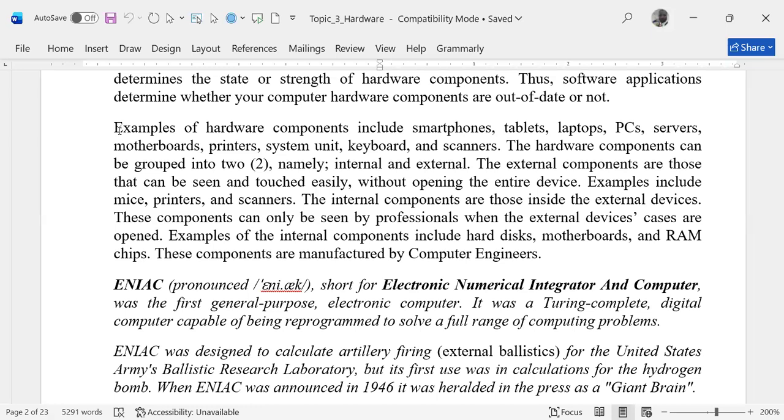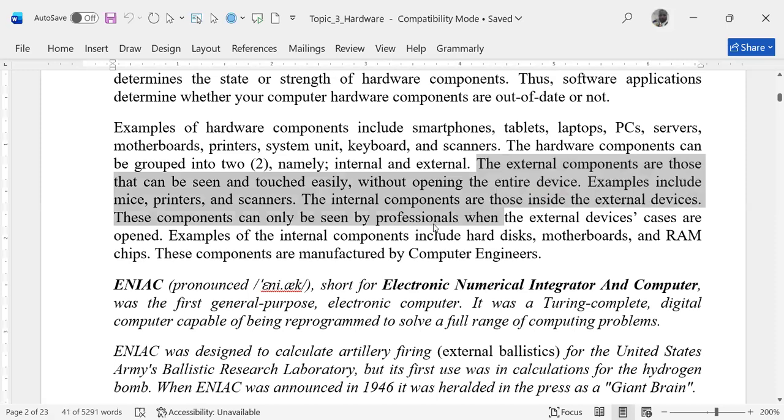And this hardware component, we have two categories: one classified as internal and another external. External are those outside that can be seen and touched without opening your computer system.